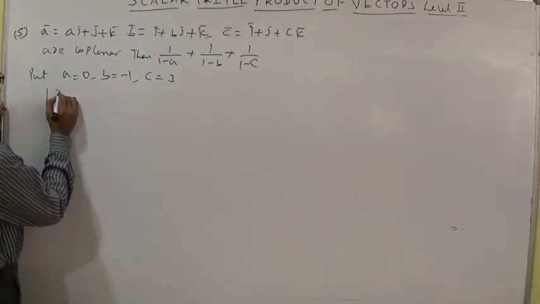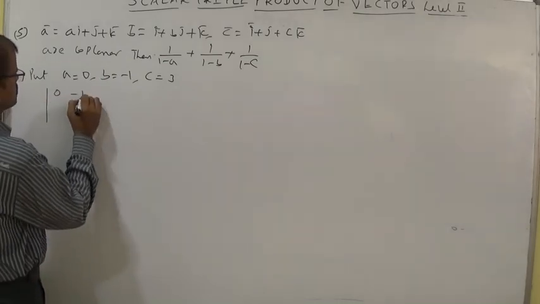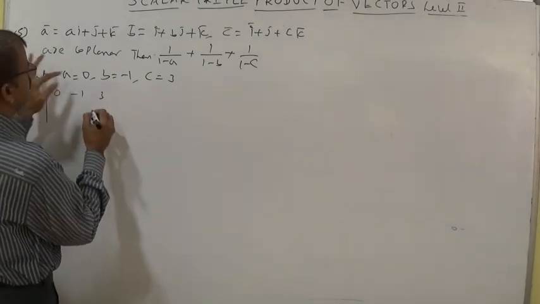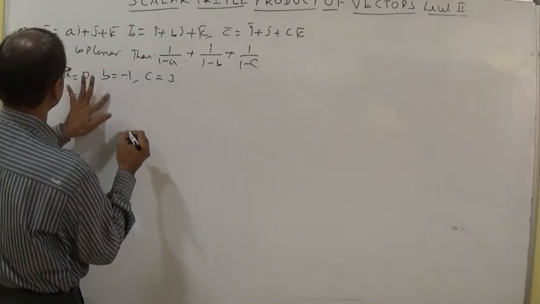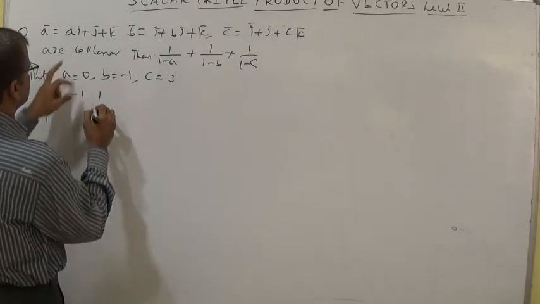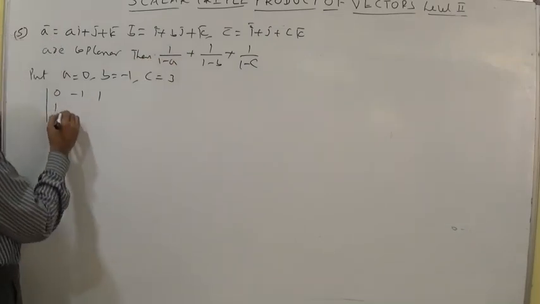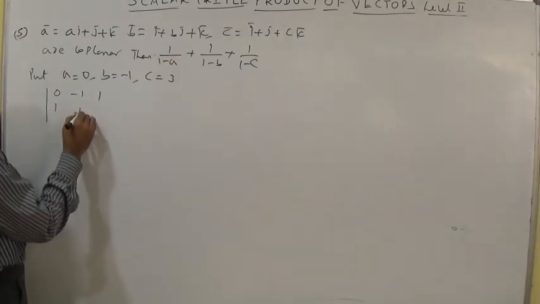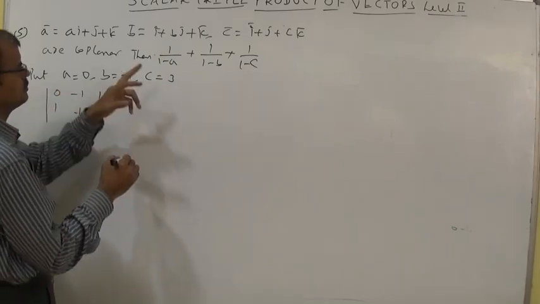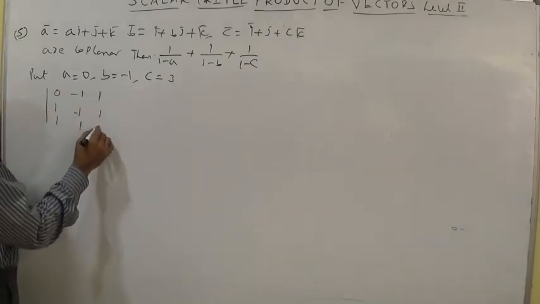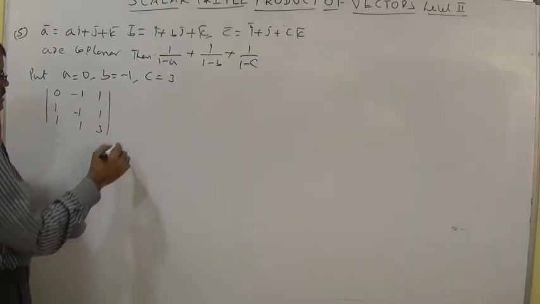A equal to 0, B equal to minus 1, and C equal to 3. Now let us calculate that.